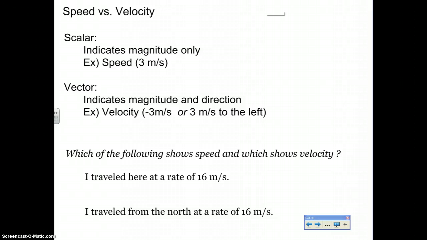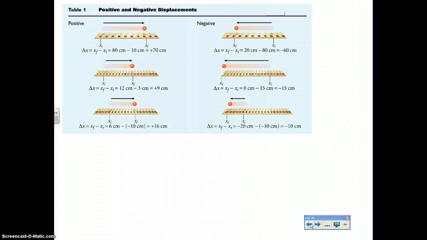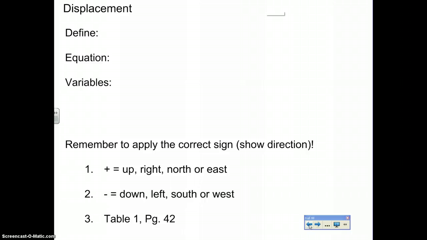So let's go back to what we were talking about in the previous video about displacement. What we said about displacement is that it could be calculated according to the equation delta x equals x final minus x initial. In other words, the change in horizontal position of an object is going to be its final position minus its initial position.